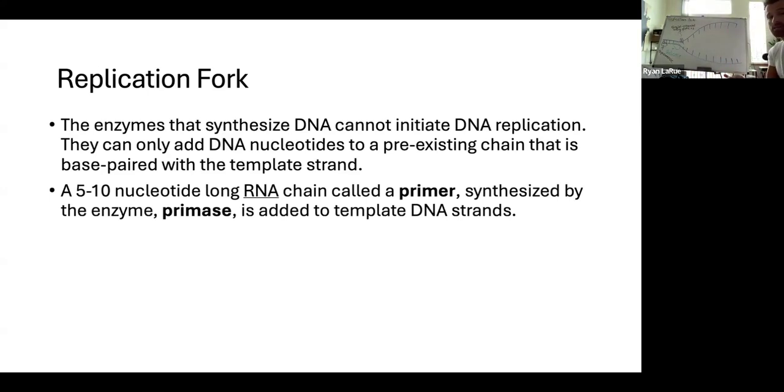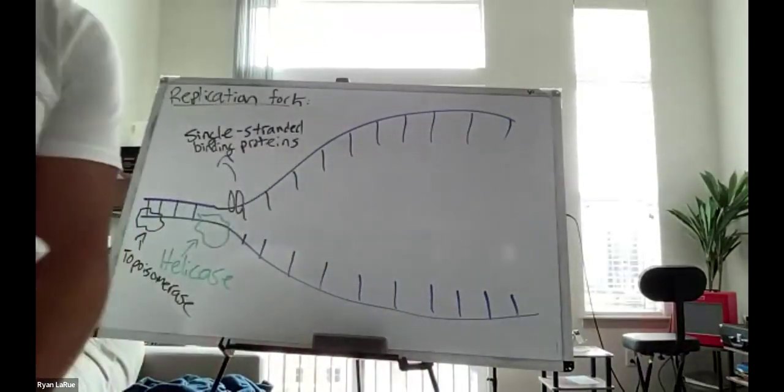And a primer is actually RNA. It's not DNA, interestingly enough. So primase adds a 5 to 10 nucleotide long RNA molecule, single-stranded. We'll see that in a minute. And it's called a primer. So let's take a look at what that looks like and how primase does this.